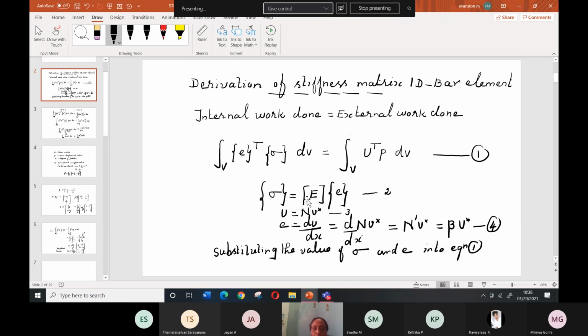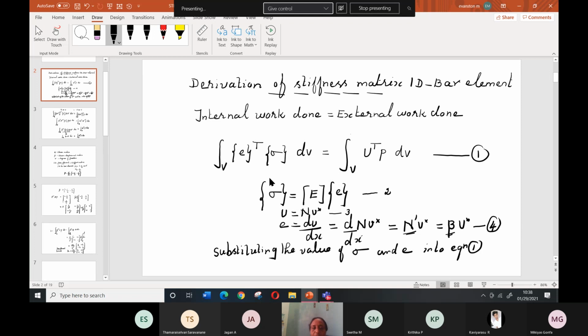Stress is equal to Young's modulus into epsilon, and epsilon is equal to du by dx, and u is equal to N into u star. So when you are differentiating the N, you will get N dash. That N dash we have taken as beta. So you have to remember that N dash is nothing but beta.